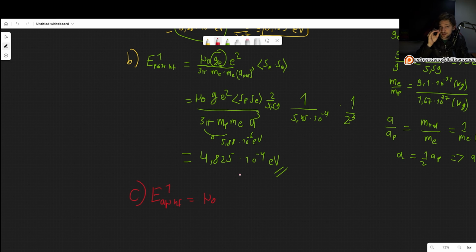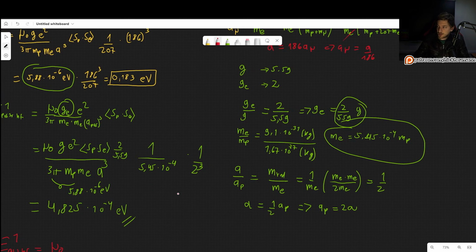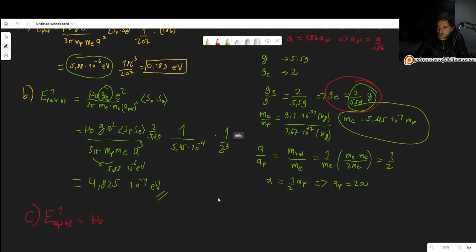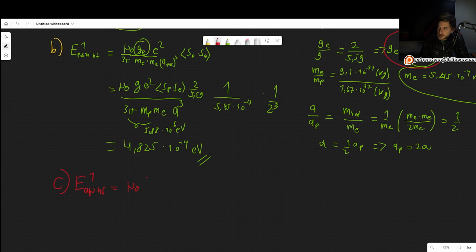It is in the center, so this time we have to consider it. But G for the anti-muon is the same as for the electron, which is the same as for the positron. So that means that the calculation that we did before is still valid. So this thing right here is simply 2 divided by 5.59 G.